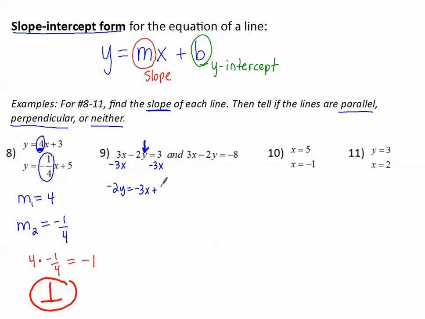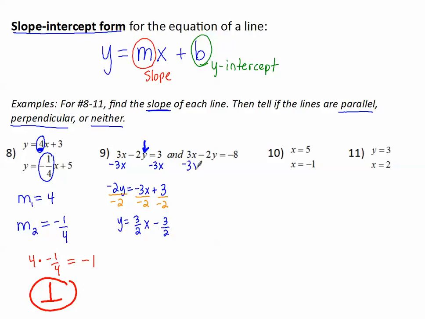Then 3 plus 3. Now I'm going to divide by this coefficient, negative 2, and I do it to every term. When I divide by negative 2, now the y will be by itself, and this says y equals 3 halves x minus 3 over 2. Let's look at this one.